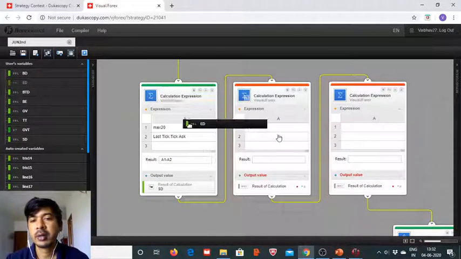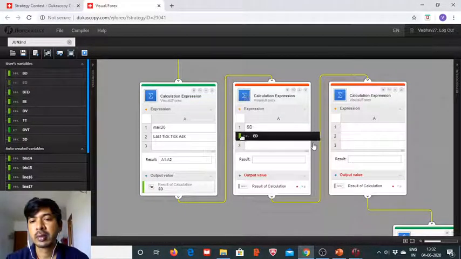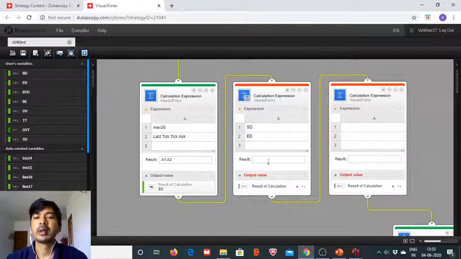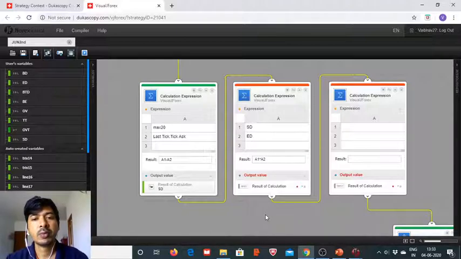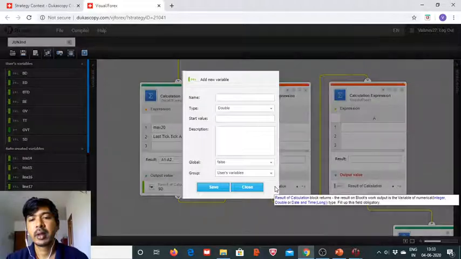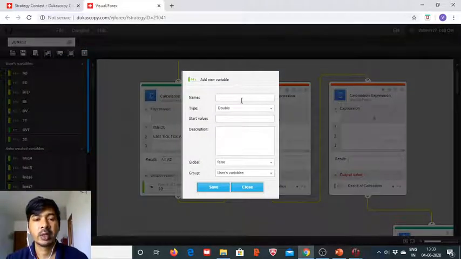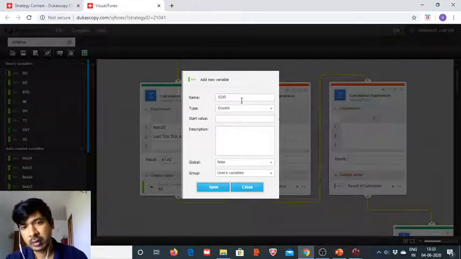So here comes the ED. Yes, and it will be A1 into A2, and this calculation will be the sell difference requirement, SDR.